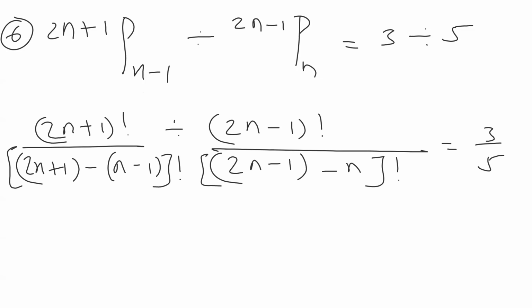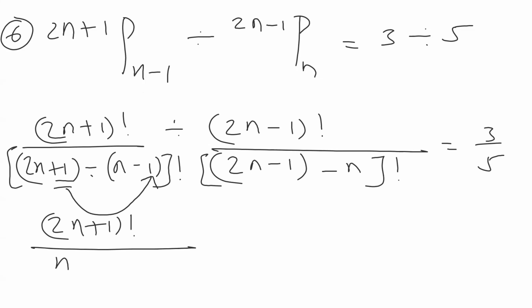Okay, so let's simplify this. 2n plus 1 factorial, 2n minus n becomes n, and this 1 plus this 1. See, this minus and minus will become plus. So n plus 2 factorial. Eventually it becomes n plus 1, n plus 2 factorial.